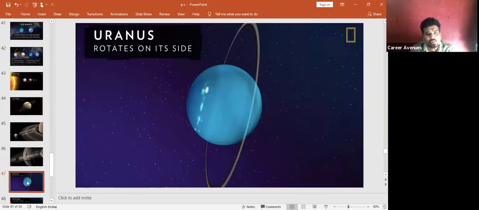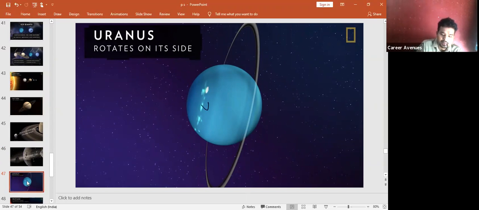Then let's see Uranus. It rotates on its side. One more thing, all planets revolve around the sun in the same manner, but rotation is different. Rotation wise, each planet rotates west to east except Venus and Uranus.